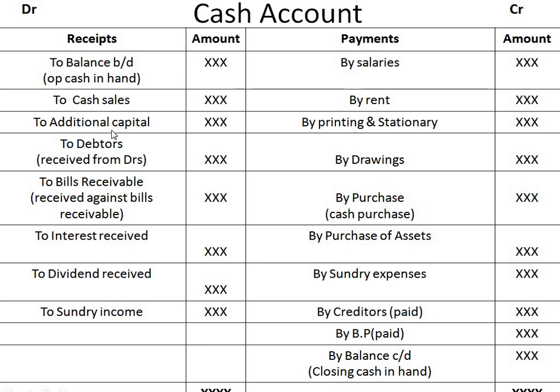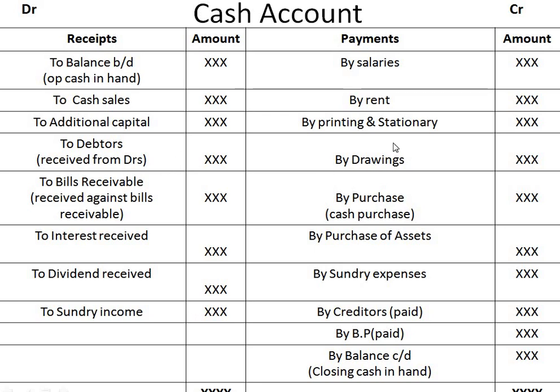Next is the additional capital, to debtors received from debtors. Next is to bills receivable received against receivables, to interest received, to dividend received, to sundry income. This is your receipt side.